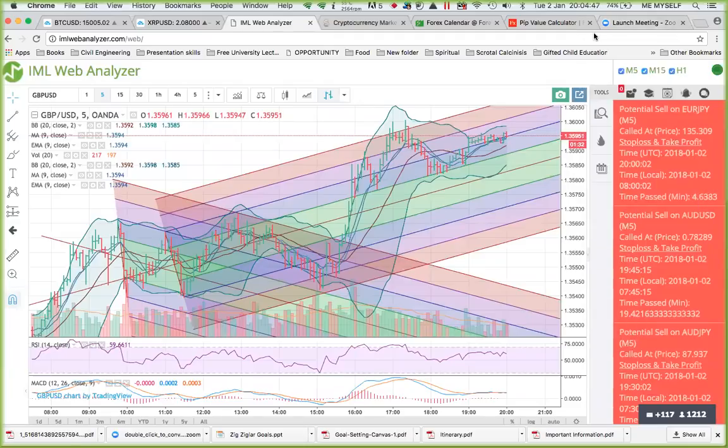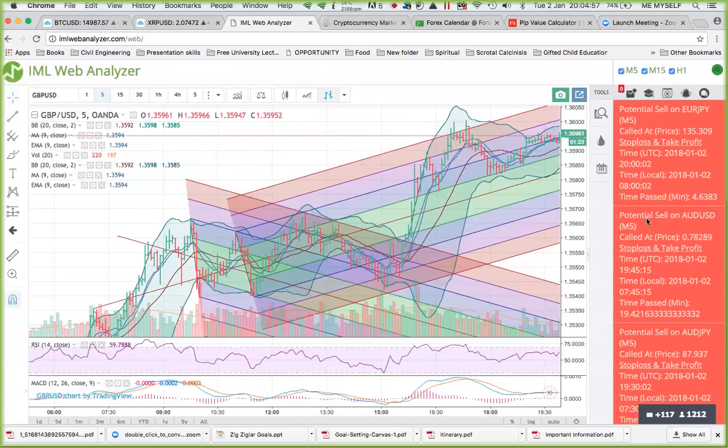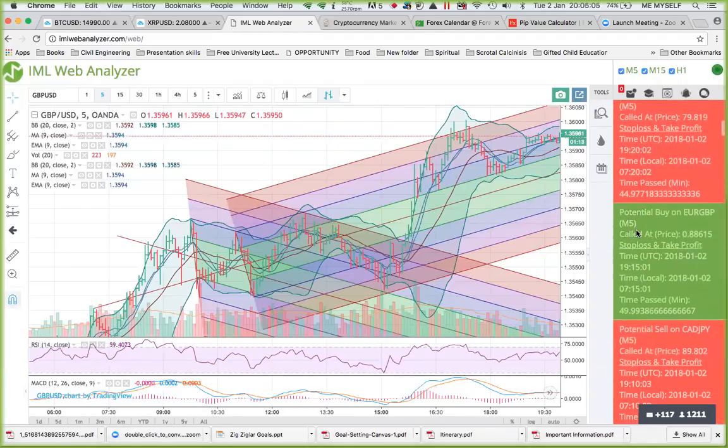And I probably need to just minimize this a bit so you could actually see. Okay, so this web analyzer has been on since this morning, and this GBP USD pair has been on since this morning.